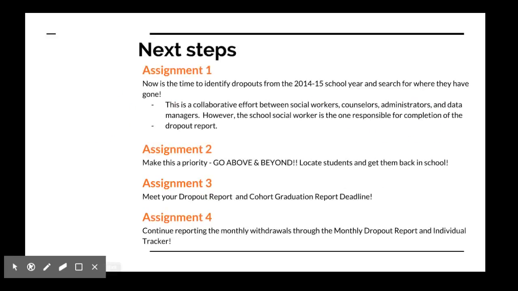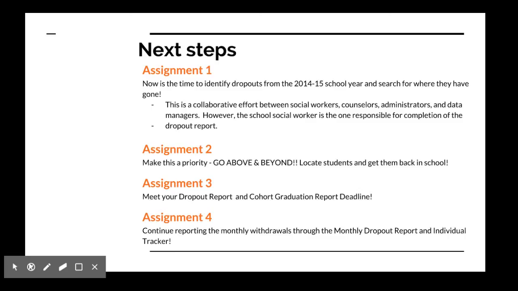So what are our next steps? Assignment 1. Now is the time to identify all dropouts and search for where they have gone. Remember, this is a collaborative effort between social workers, counselors, administrators, and data managers. However, for purposes of the dropout report, the school social worker is the primary person responsible for completion and accuracy of the data.